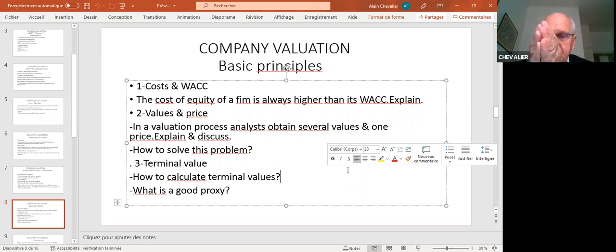So you understand that you have two different states. Very often, all these courses and calculations are only based on value calculation, the application of models. So it's very useful and necessary to understand the models, their hypotheses, their bias. But it is also as important, I would say, to understand that when you have several feasible values, you need one price.